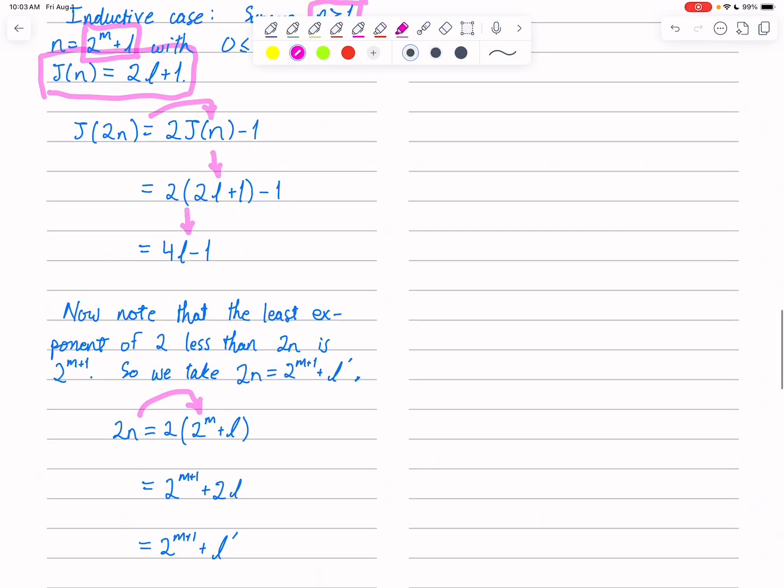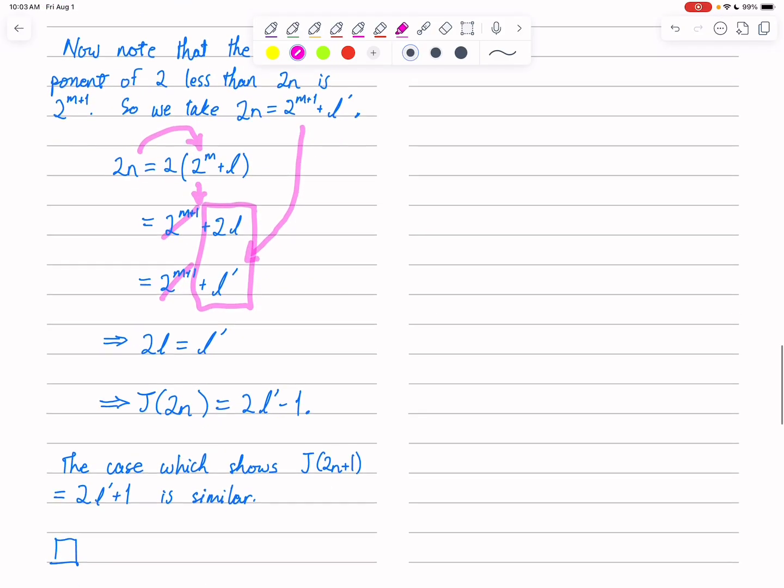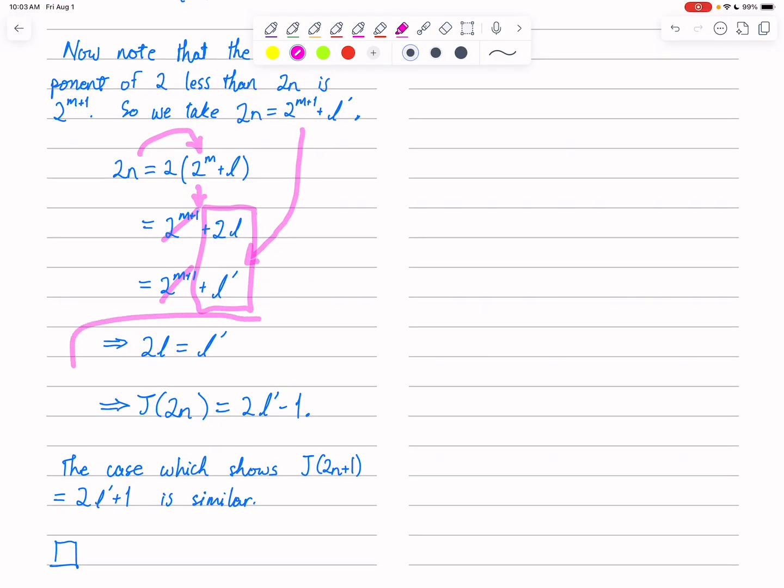Distribute, so I get 2 to the m plus 1 plus 2L. Now we already said that all of this is equal to 2 to the m plus 1 plus L prime. Well, if you now cancel the 2 to the m plus 1s, then you get this equation that 2L equals L prime, and that's exactly what we needed to be able to conclude the proof, right?